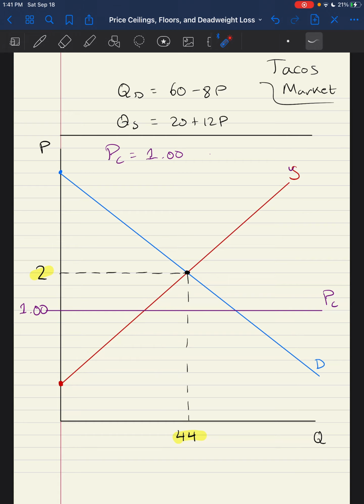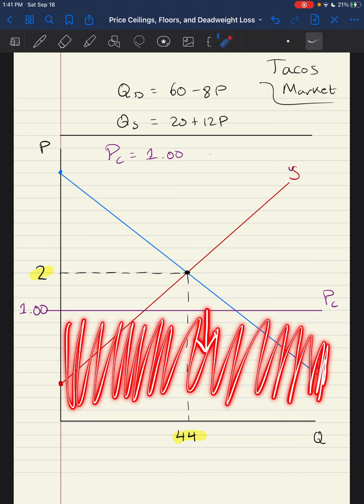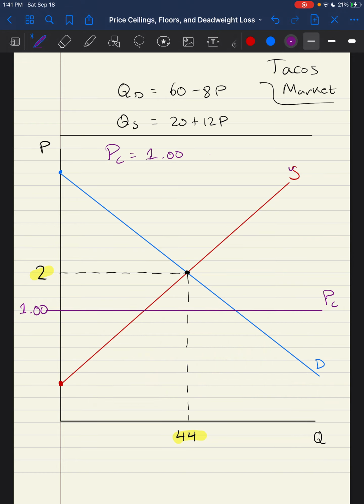But now the government is saying your price can't be above $1, meaning the price has to be at $1 or below, so it can be anywhere down here. The price moves from $2 down to this line, from that point to that point. Now our equilibrium has been thrown off, and we're going to have some inefficiency in our market.